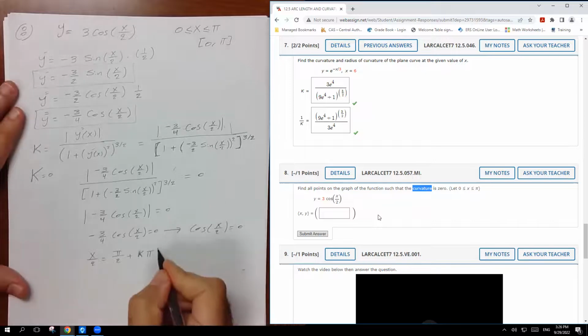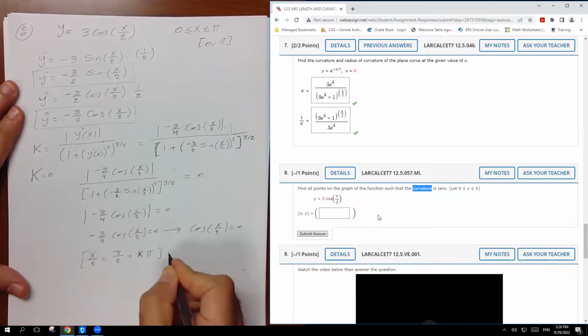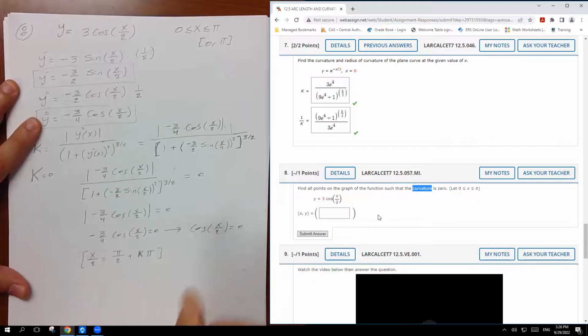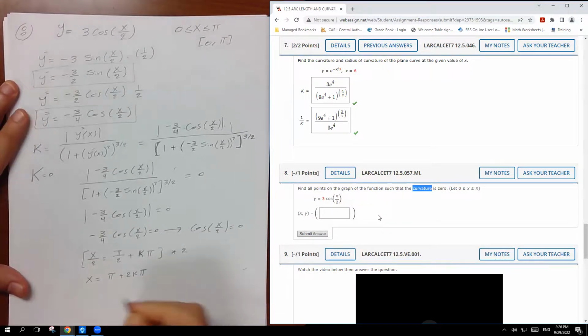Now we're going to solve this one. Multiply by 2, because we need to find the point x. So x equals pi plus 2k pi. Again, this k is not the same k as the curvature.